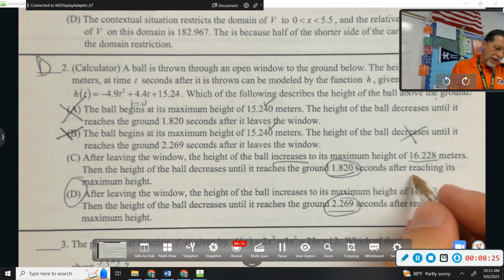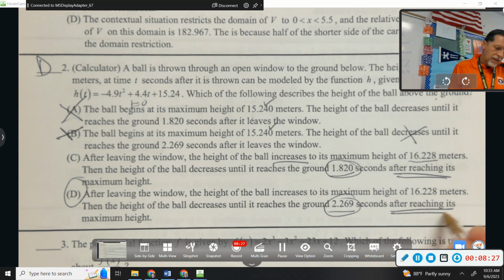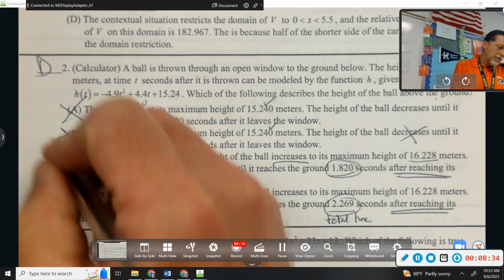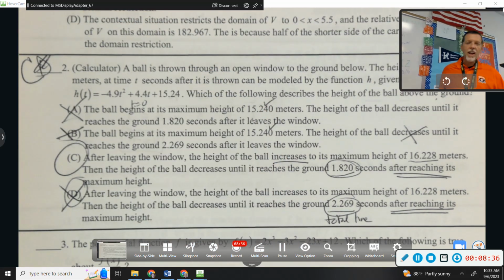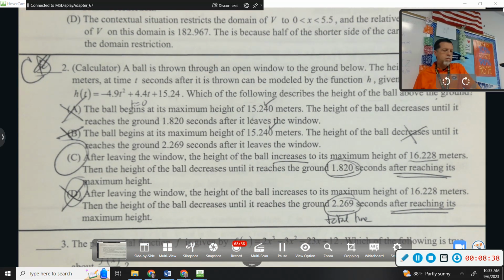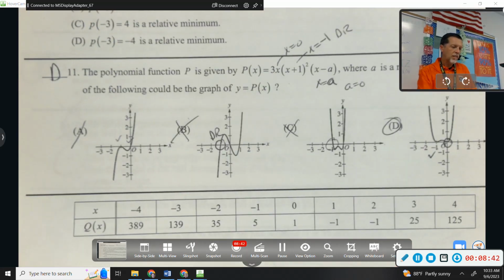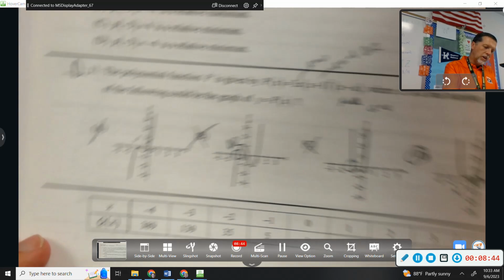After reaching its maximum height. Yep. So 2.2 is the total time. So yeah, it's not D, which means it's got to be C. Good catch. Thank you. Trying to go fast, didn't read all the answer choices.